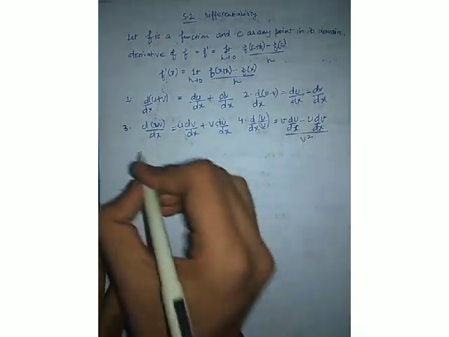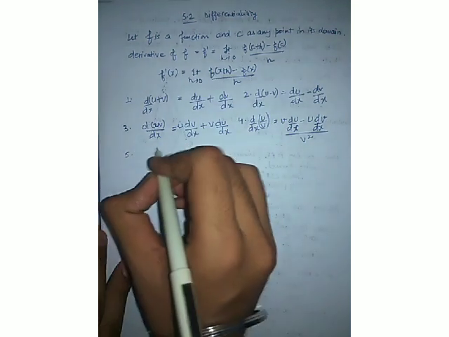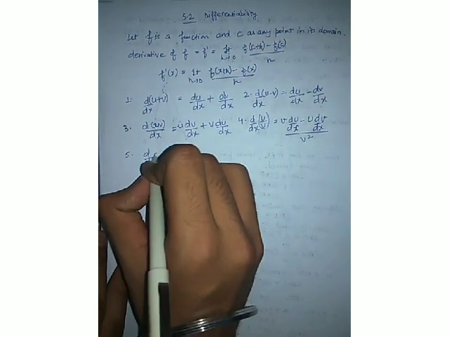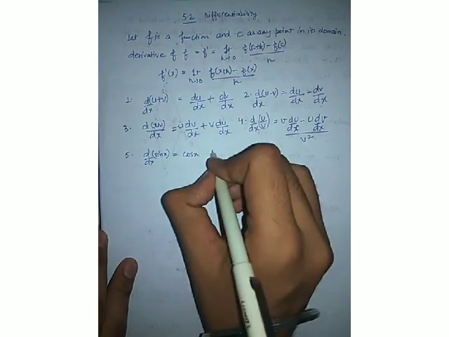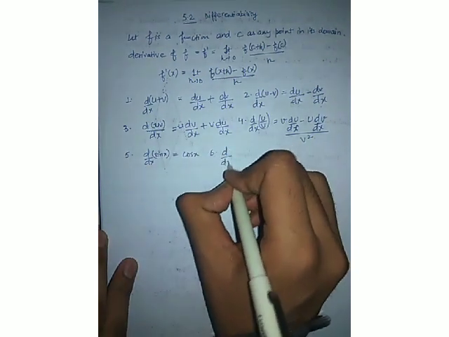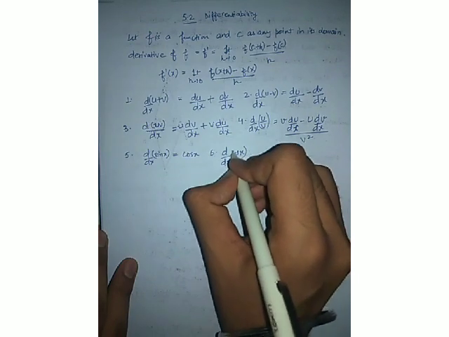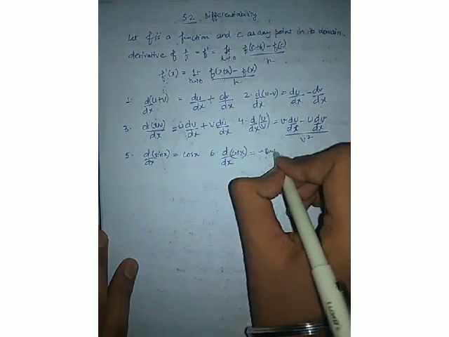Apart from this, there are functions like trigonometric functions. If we derive sine x with respect to x, we will get cos x. If we derive cos x with respect to x, we will get minus sine x.